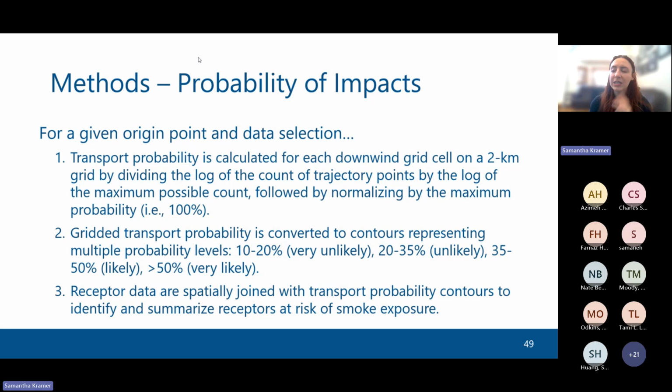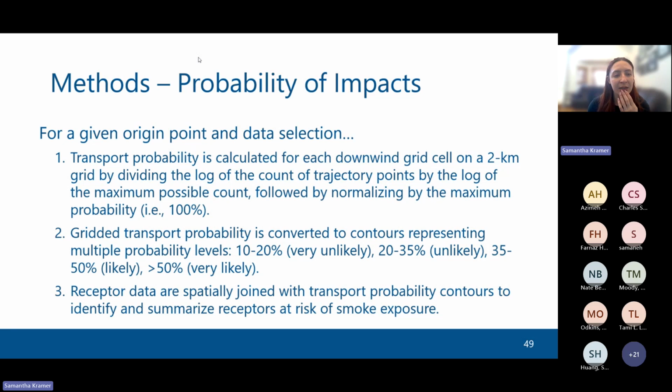These bins are often used in communicating with folks and have been proven in social behavior and social sciences, which is why we went with those. Looking at the raw percentages themselves, it's easy to misinterpret, especially given uncertainties with HySPLIT as a model, which is an entire complex discussion all on its own.